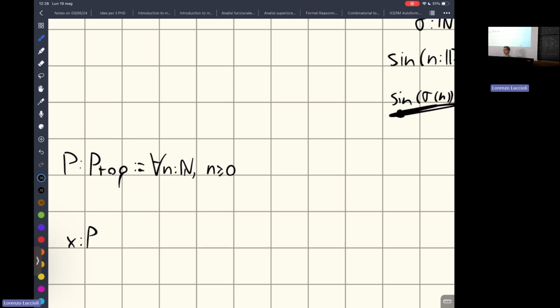Now, what if a proposition is false? Well, it's very simple. It will have no proofs. So the type will be empty. So false propositions are those propositions in type theory which have no terms, which are empty. While true propositions are all those propositions which have exactly one element.